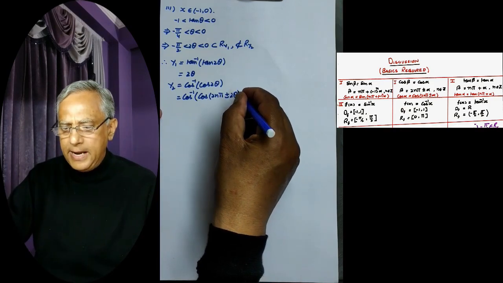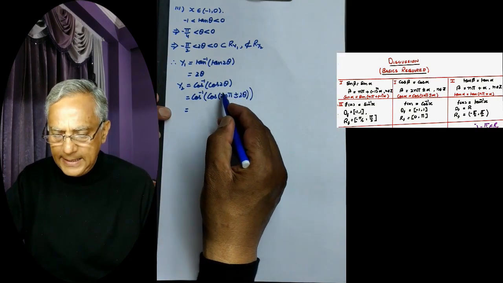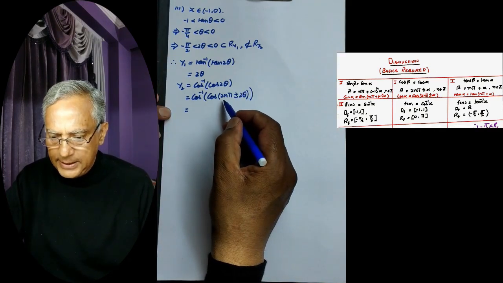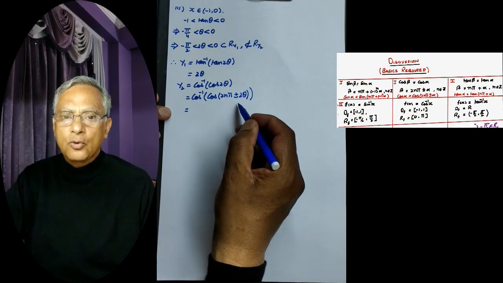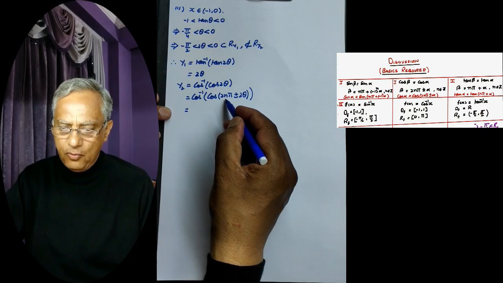I have explained this to you earlier. Now we have to choose n such that this is within the range of y2.